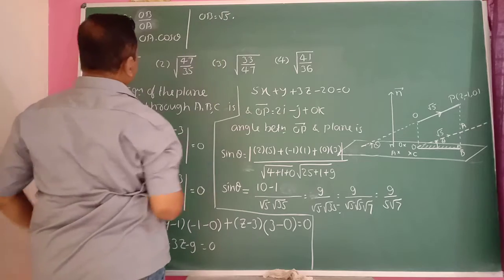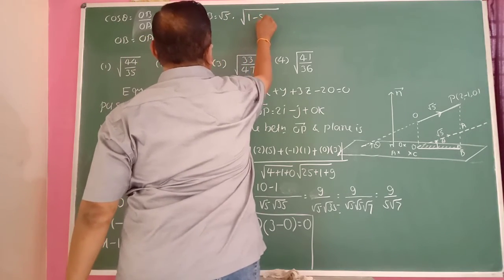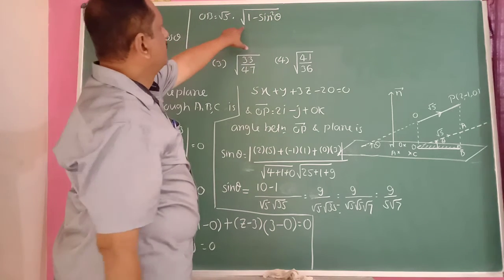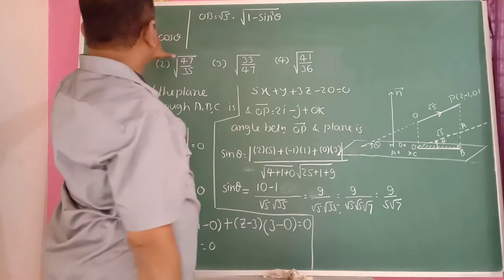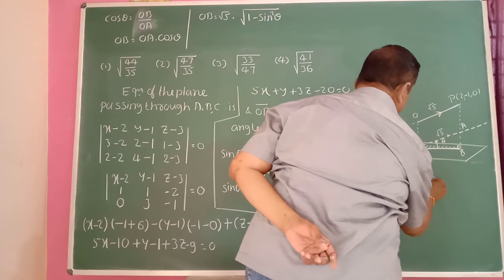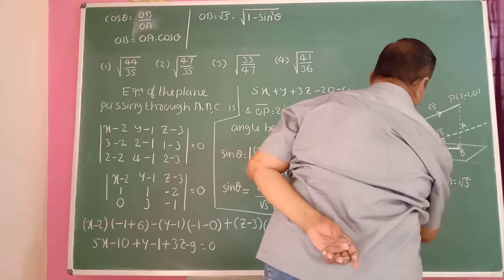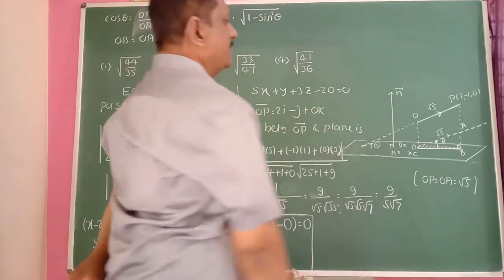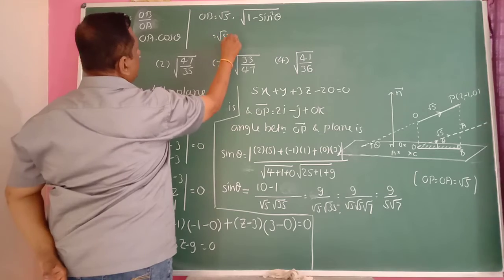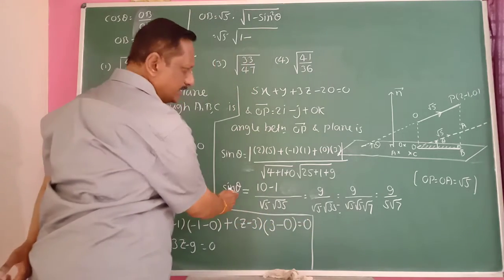Both vectors are parallel, so we can write OA is equal to root 5. Therefore, OB is equal to root of 5 into cos theta. Cos theta is the root of 1 minus sin square theta. Therefore, root of 5 into root of 1 minus sin square theta here. So sin theta is this here.